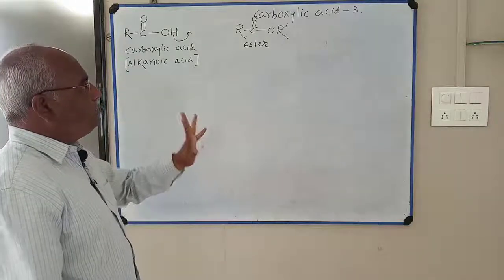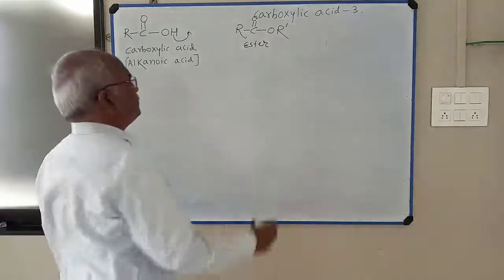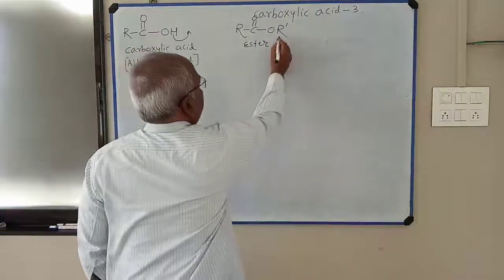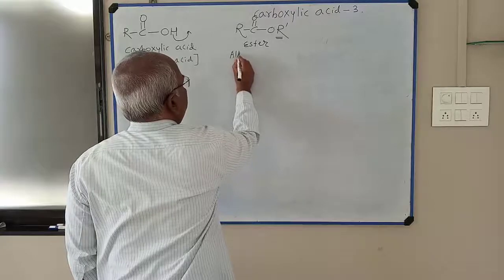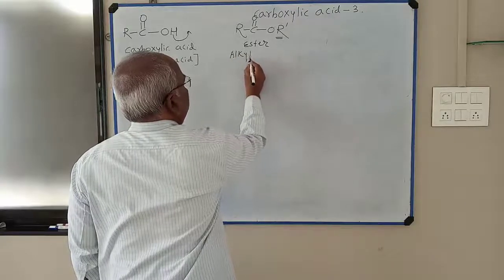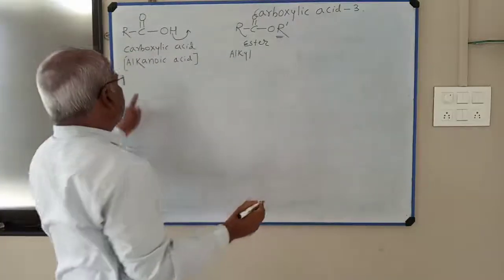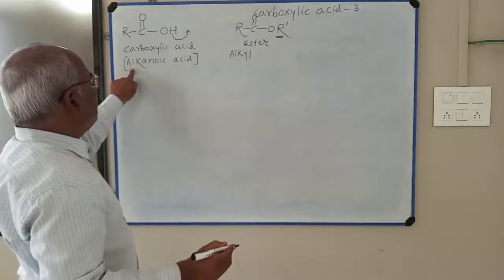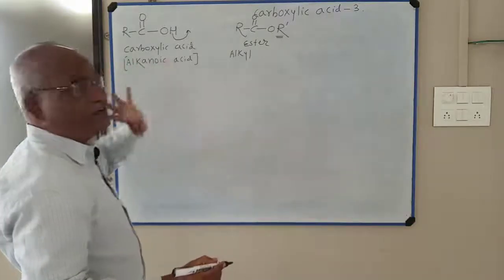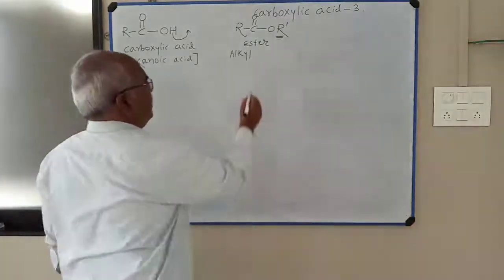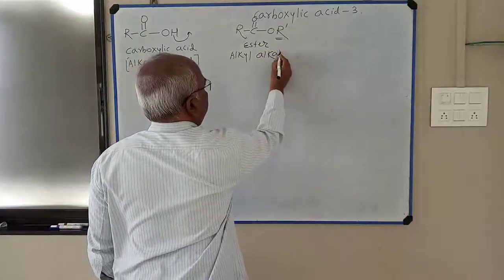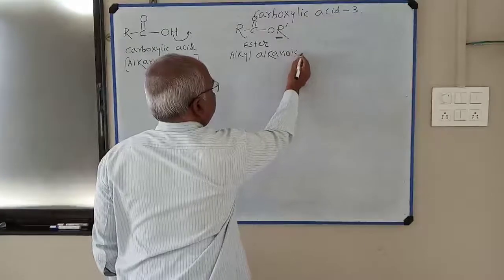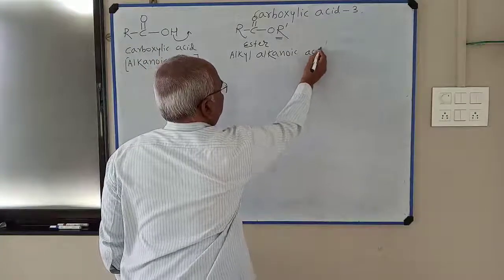Its IUPAC name is written like this. This group is an alkyl group, alkyl, and it is a derivative of alkanoic acid. Therefore, I write here alkyl, alkanoic acid.